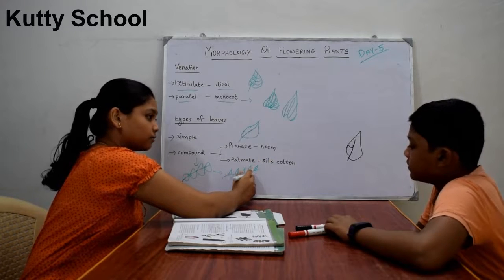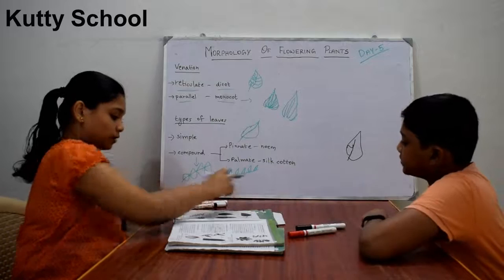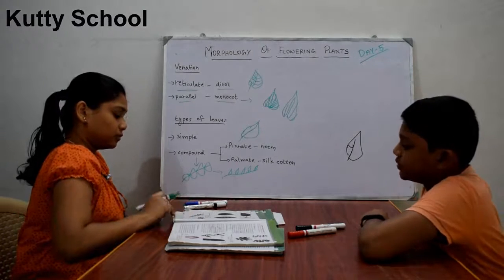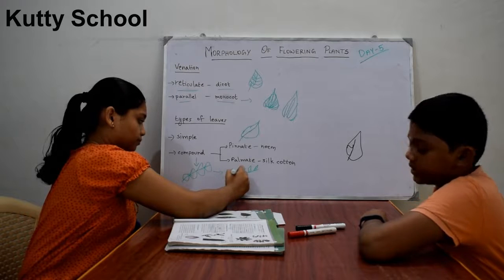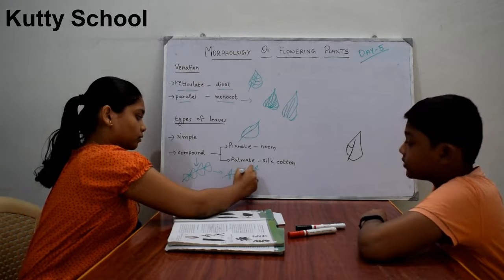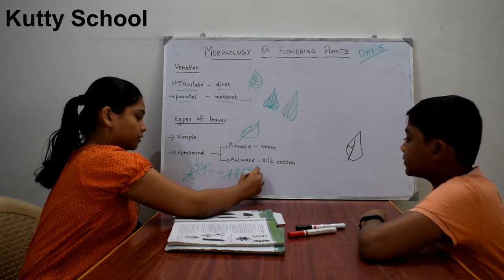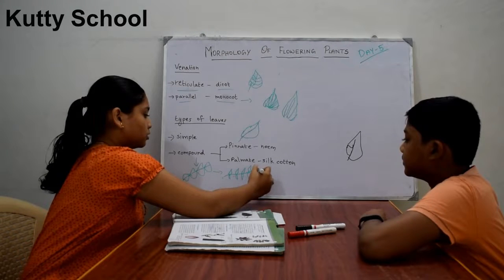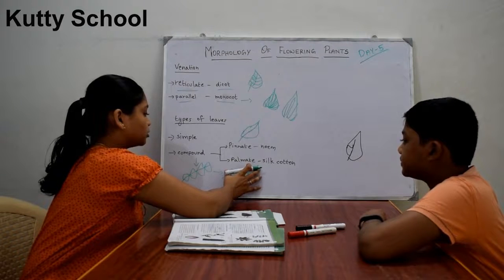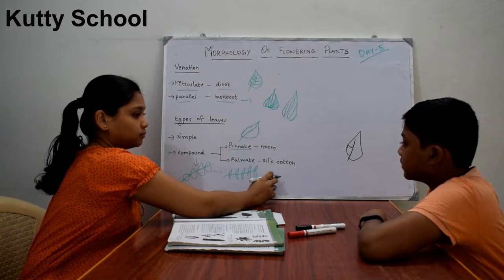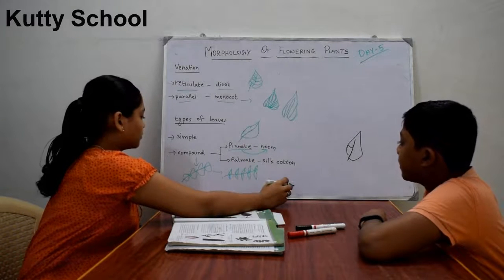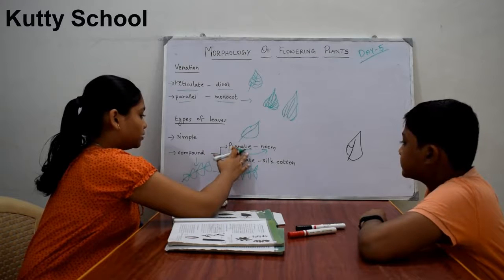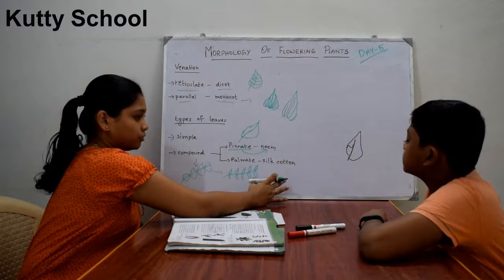Like this one that we have drawn here. It is like this in neem plants. This kind of leaf arrangement is known as pinnate, and it is found in neem plants. So this one is pinnately compound leaves.